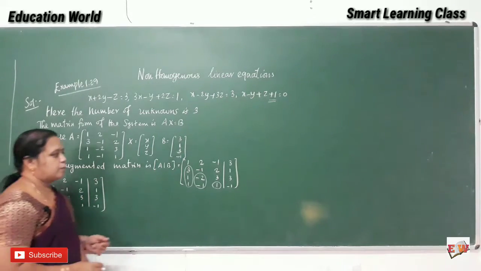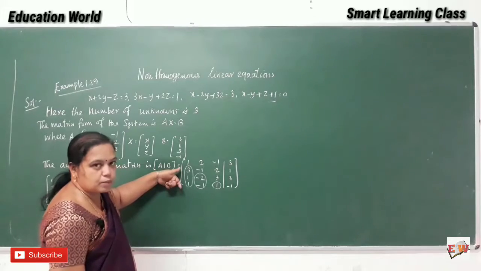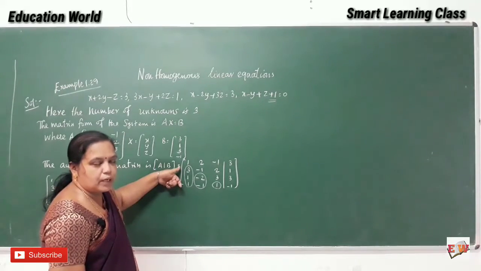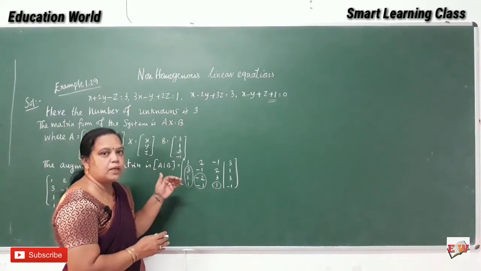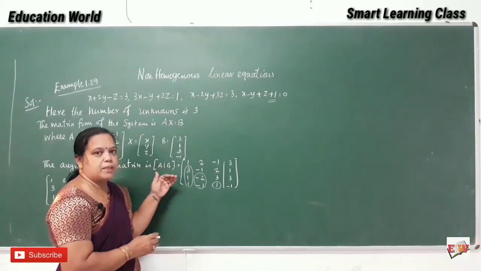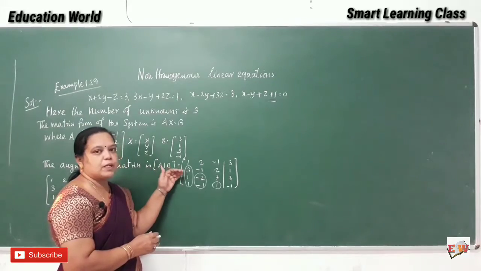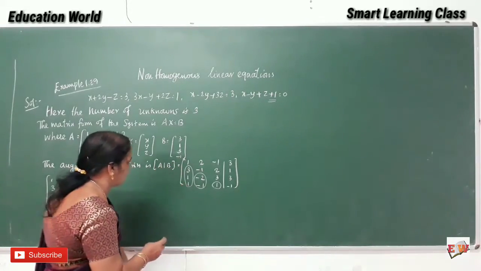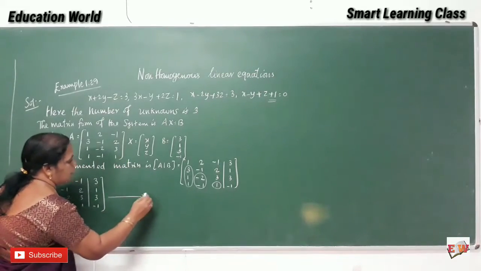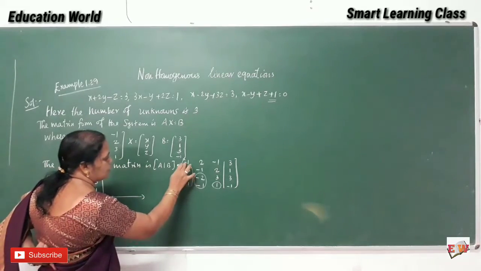First I am going to reduce these terms to 0. We take the first column; other than the pivot element, all the entries should be 0. This is R2, this is R1.